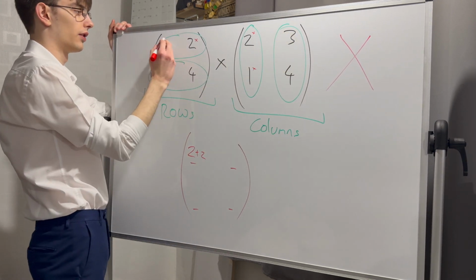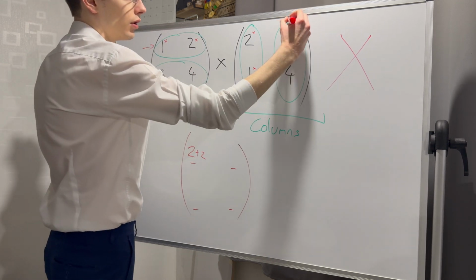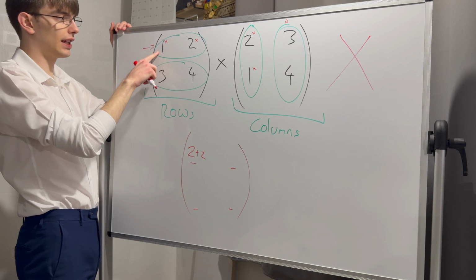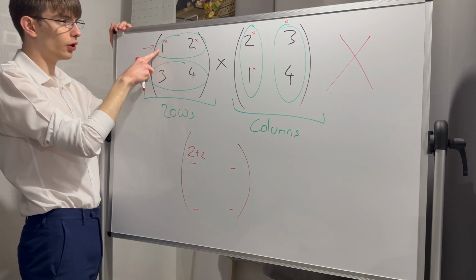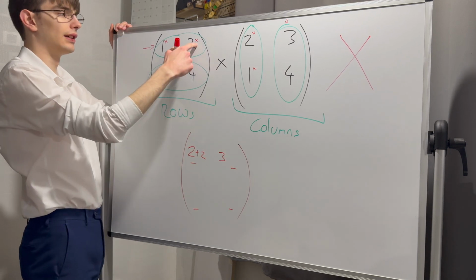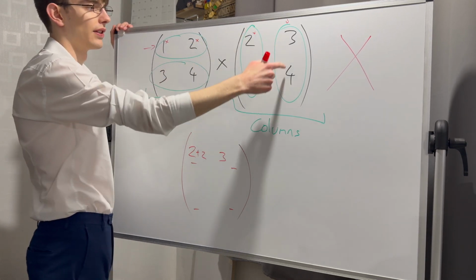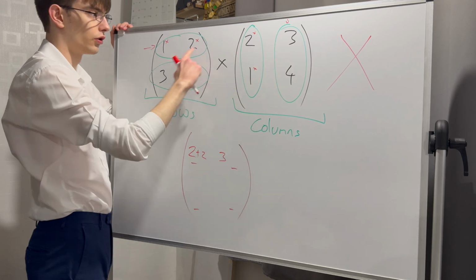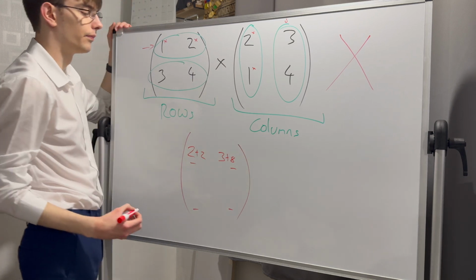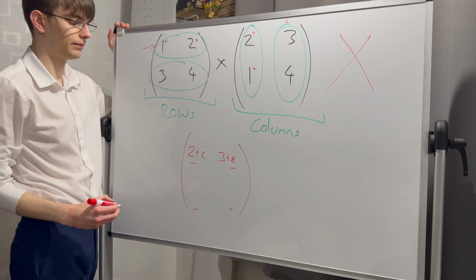So I'm working with this row and this column. So I'm going to do it once again. Take the first number in the row, multiply it by the first number in the column, 3. Second number in the row, multiply by the second number in the column, 2 times 4 is 8. And I'm going to add them. 3 plus 8 will be 11.